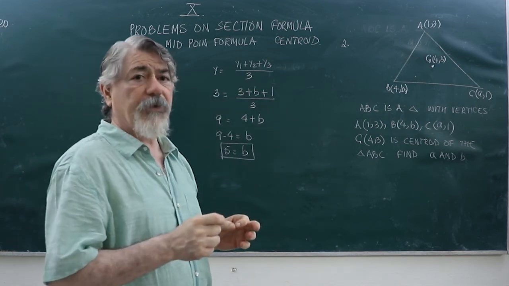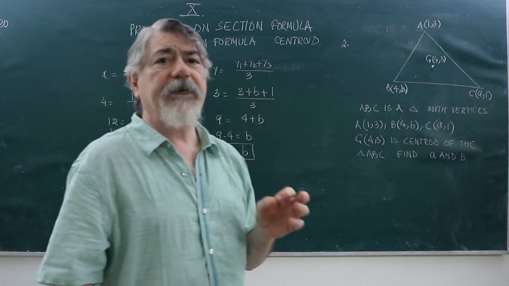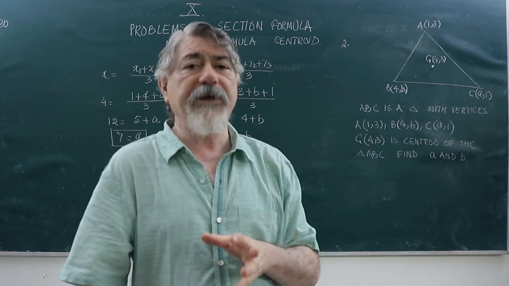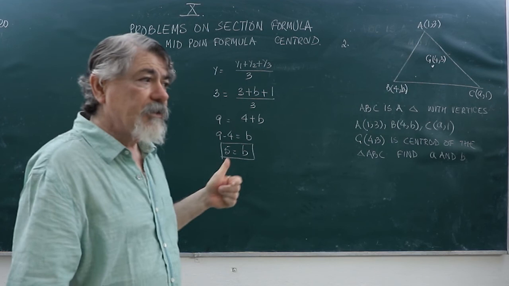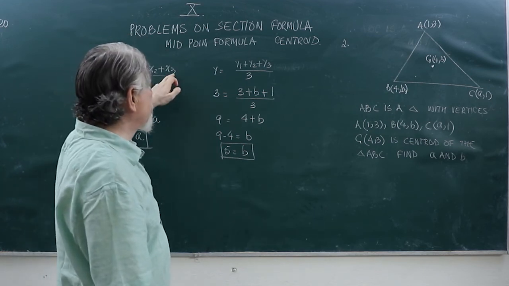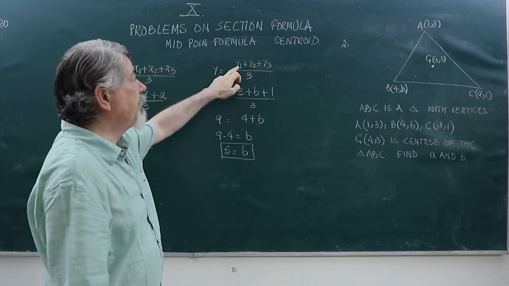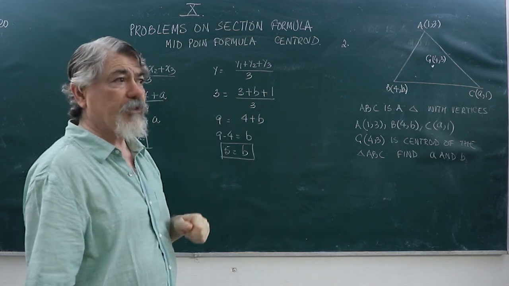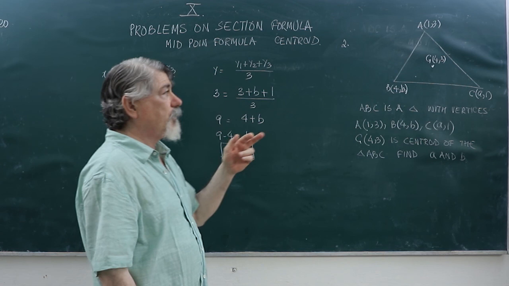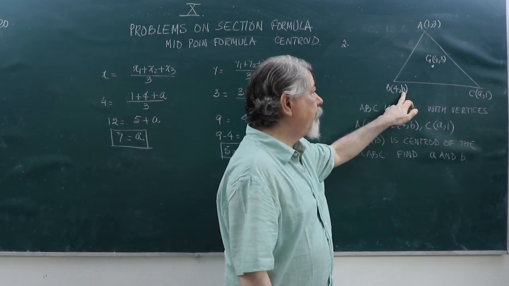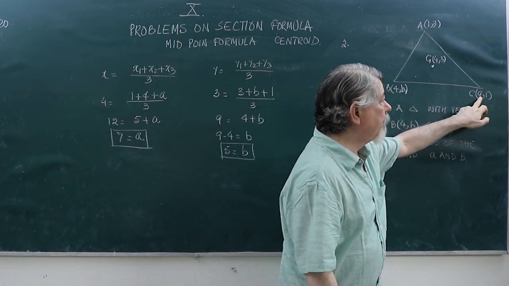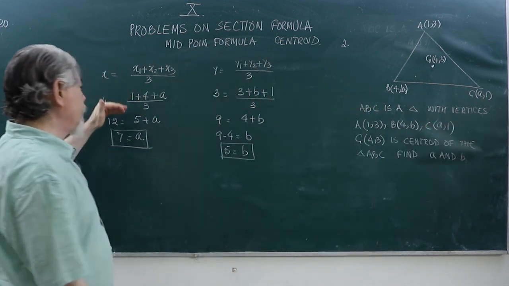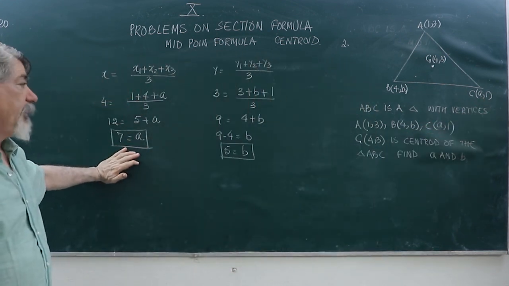It's a very simple formula, like the midpoint formula: x is equal to x1 plus x2 upon 2, and y is y1 plus y2 upon 2. The centroid formula is x1 plus x2 plus x3 upon 3, and y is equal to y1 plus y2 plus y3 upon 3. He had given you a centroid, but he had not given the y2 coordinate here and the x3 coordinate here. So we applied the formula and we got the values of a and b.